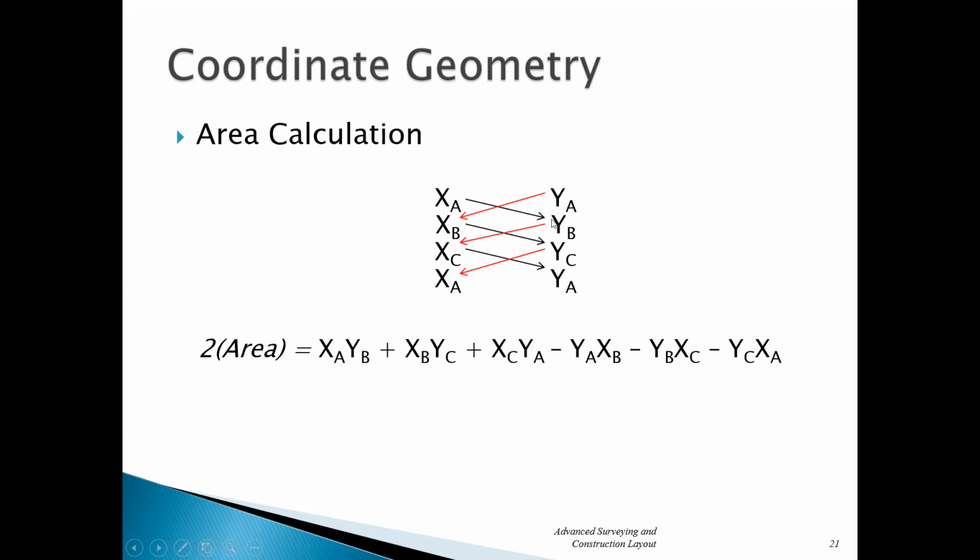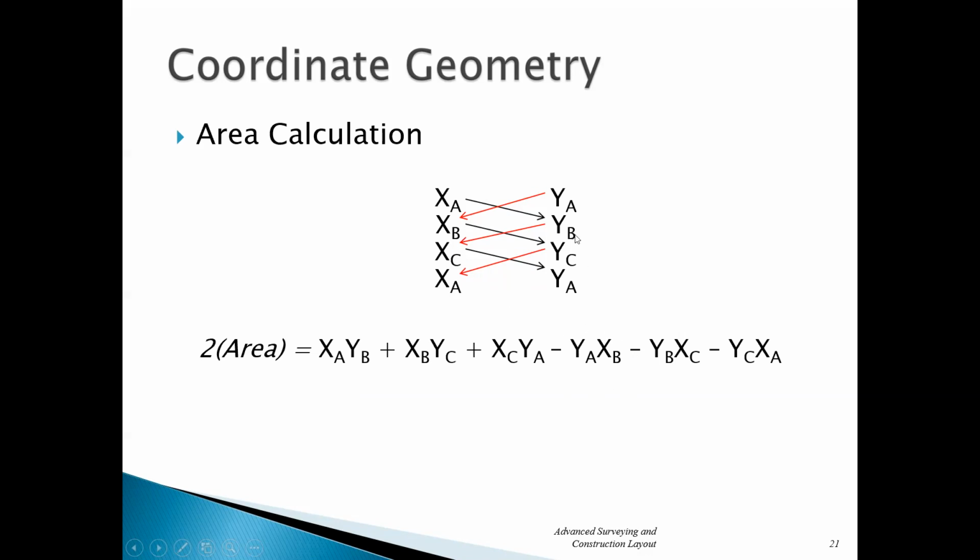So what you do is multiply X of A times Y of B, and then add to that X of B times Y of C, and then add to that X of C times Y of A. So you get this product plus that product plus that product. Then when you go the other way, you multiply Y of A times X of B, but you make that a negative product.